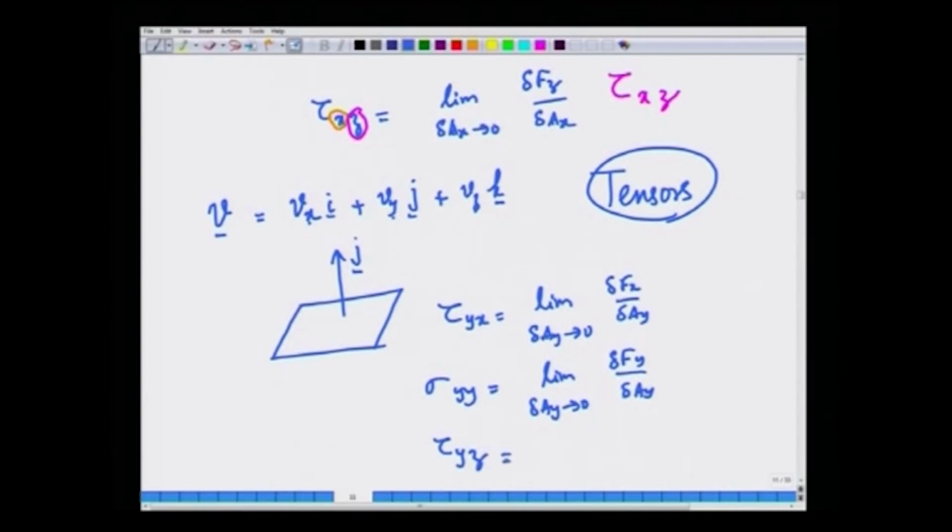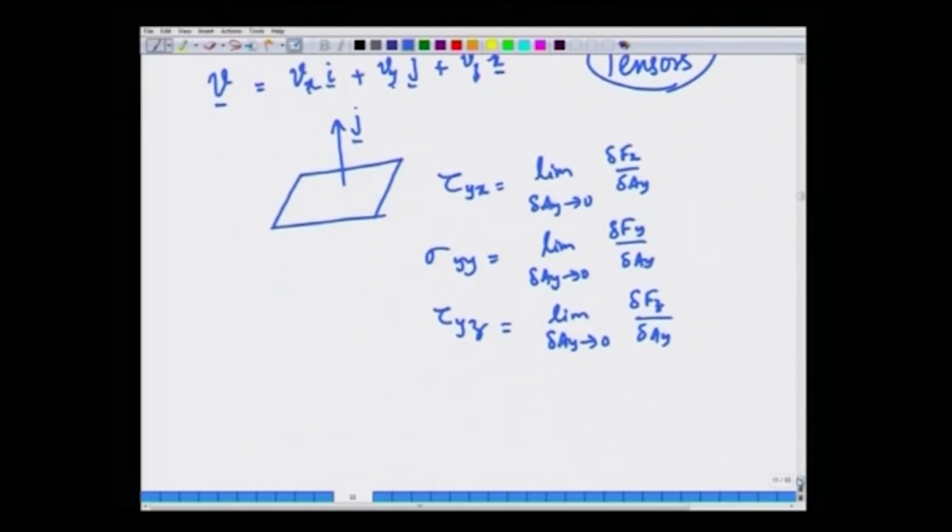Tau y z is the limit as delta A y tends to 0 of delta f z by delta A y. Here again the two subscripts have the following meaning. The first subscript denotes the direction of the unit outward normal. So, the unit outward normal to the surface is in the plus y direction. That is why the first subscript denotes the direction of the unit outward normal to the surface over which forces are acting.